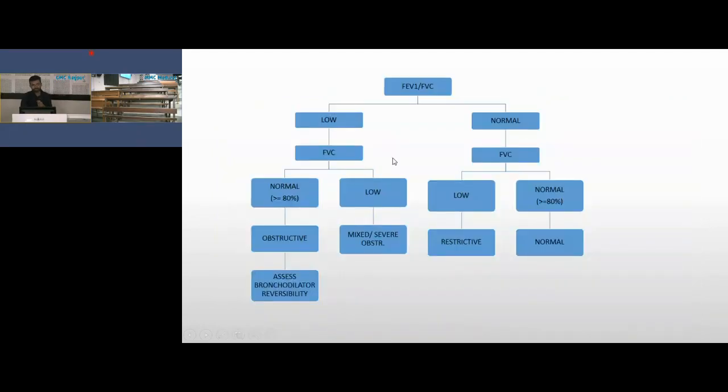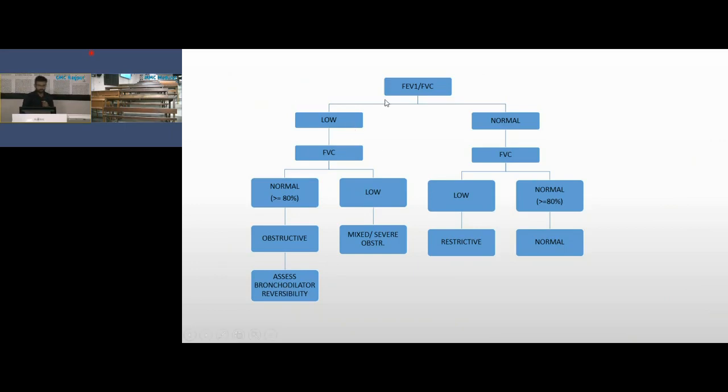Now, how to interpret the spirometry? First of all, we look for the FEV1 by FVC ratio. If it is low, then look for FVC. If FVC values are normal, that is predicted value more than 80%, then probably the patient has obstructive disease, and then look for assessment with the help of bronchodilator reversibility.